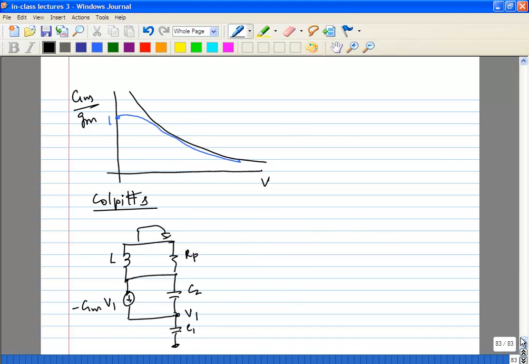So we are going to do the same analysis for this circuit. Let's say this was some voltage V1, and so you have minus GM V1 here. So you can redraw it slightly differently.